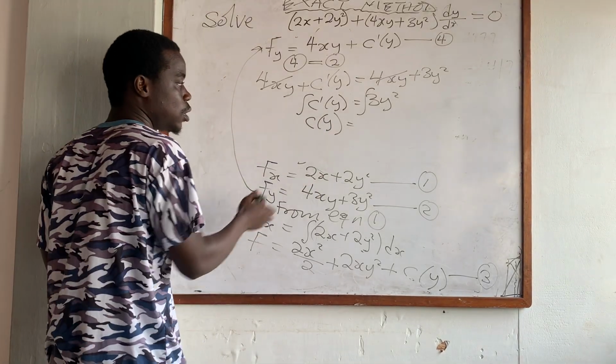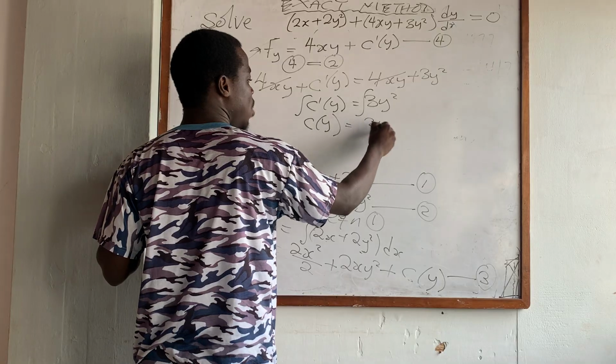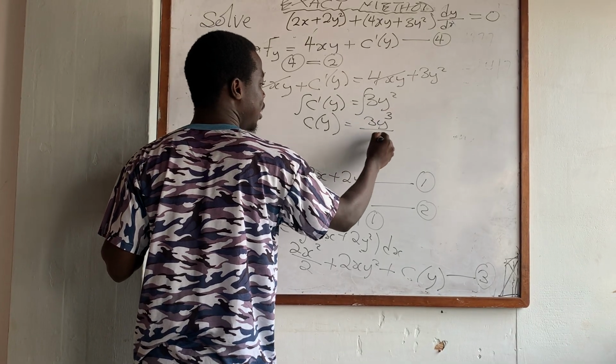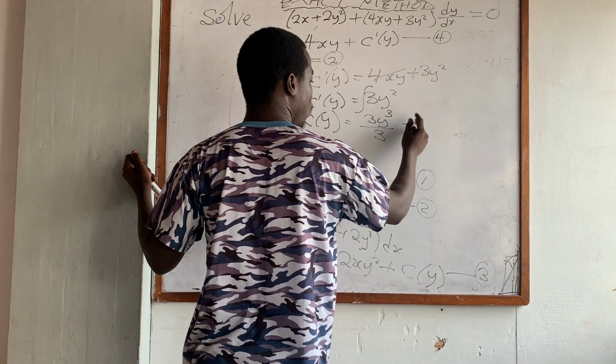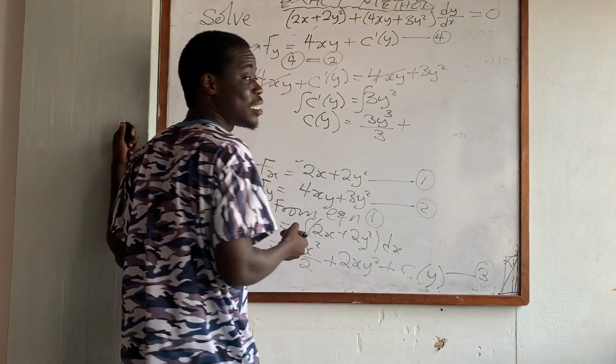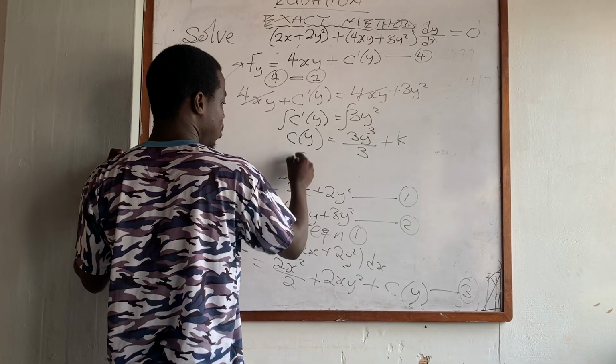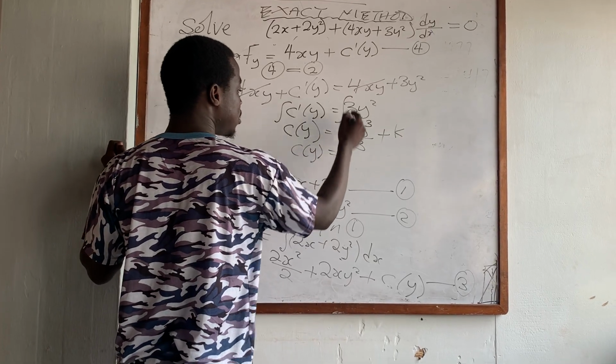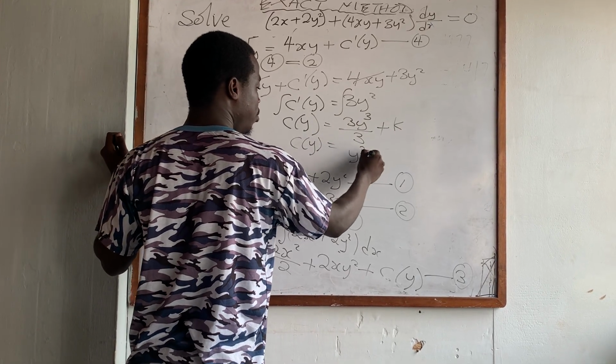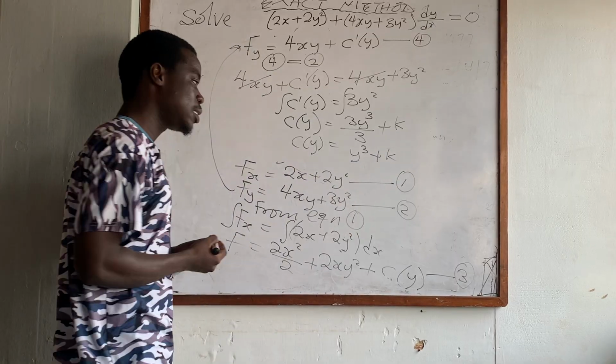Which is equal to, if I integrate this, it will be 3y cubed divided by 3. So therefore, plus a certain constant, because this is an indefinite integral, so plus k. Now if I do that, I'll get c of y, which is equal to y cubed plus k. So this is my c.